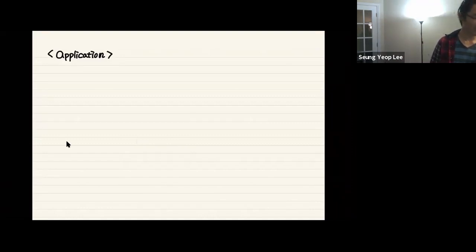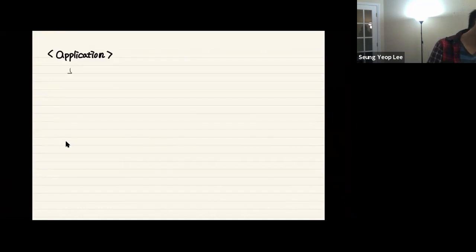Okay, I want to have a simple application, a little bit related to finance. So before introducing the application, let's start with a small lemma, some simple fact.